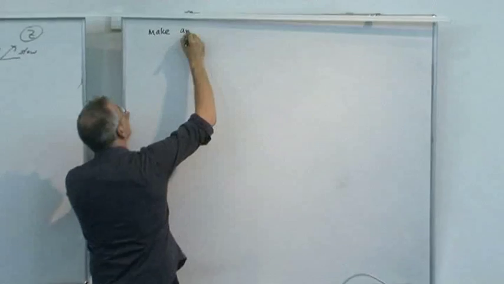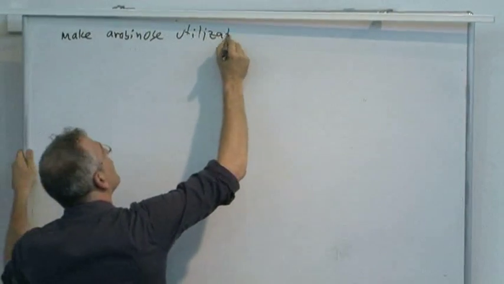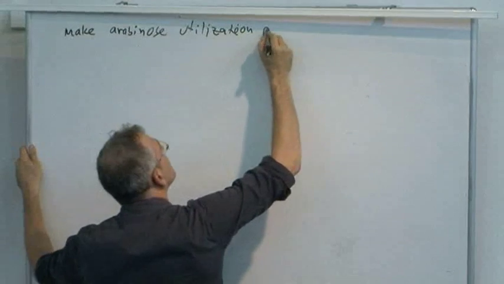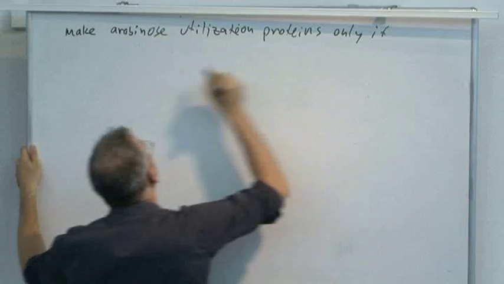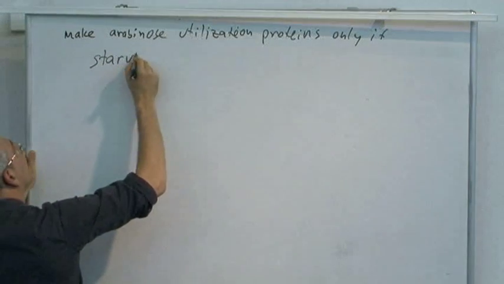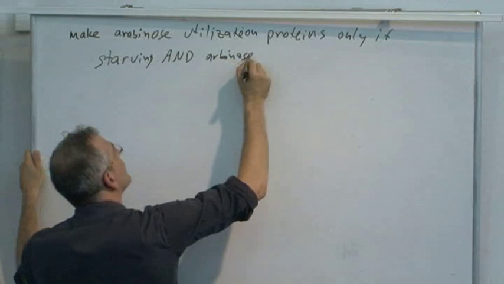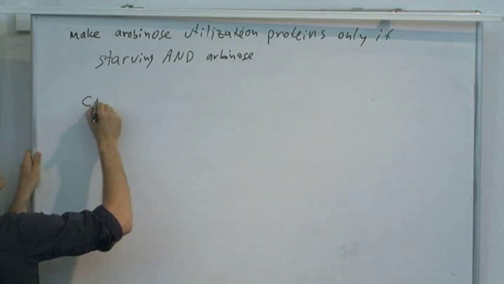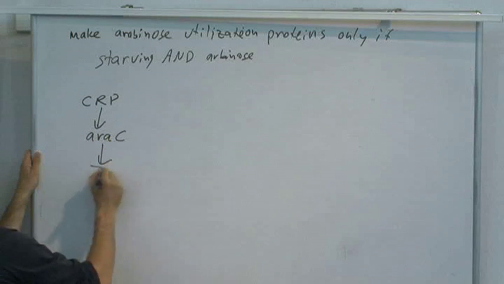Make the arabinose utilization proteins only if you're starving and there's arabinose around. The circuit that does this is a coherent type 1 feed-forward loop with an AND gate.